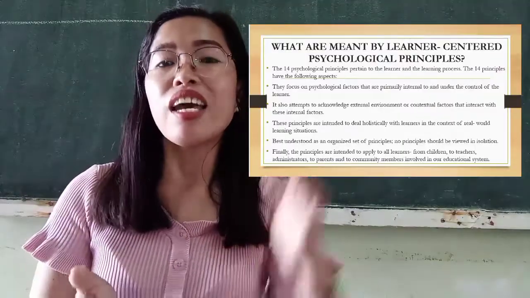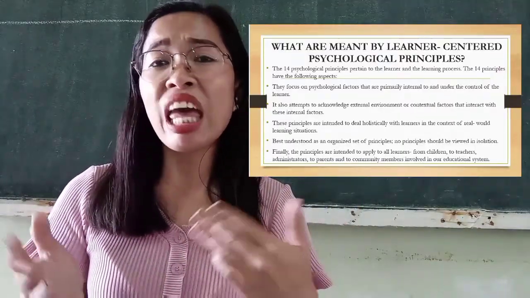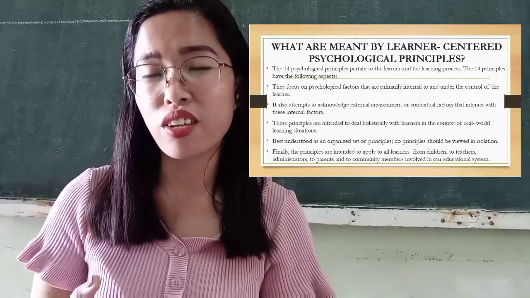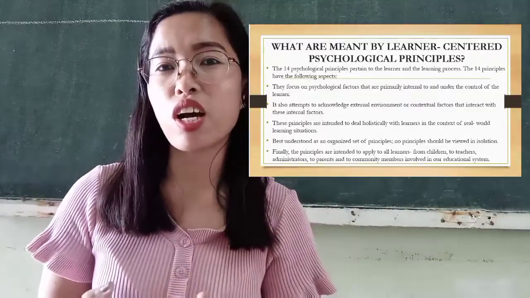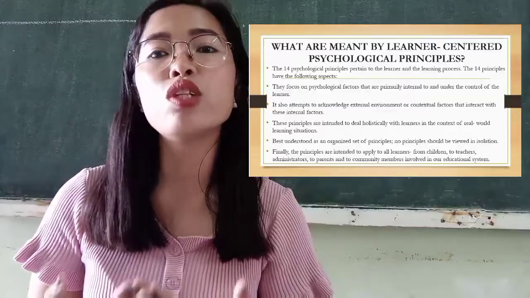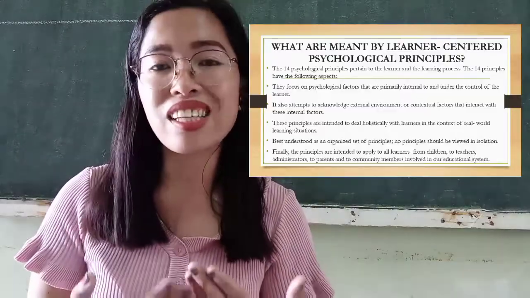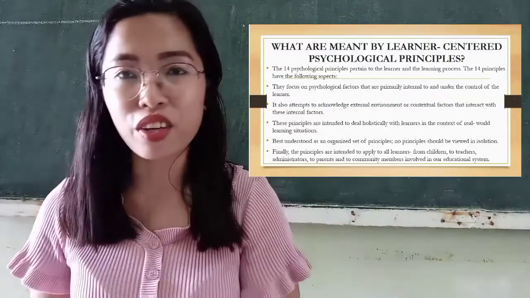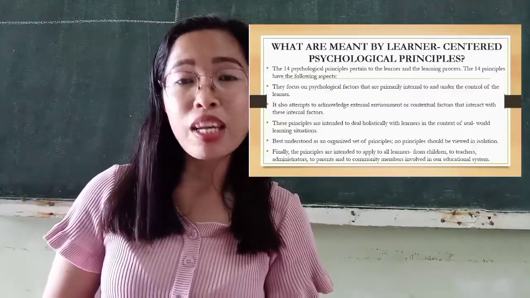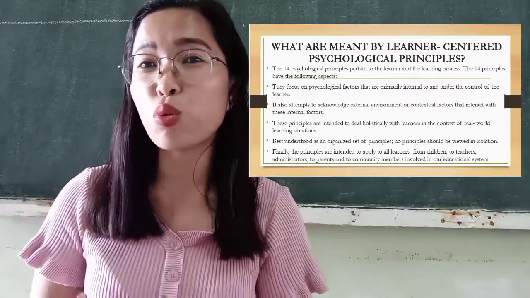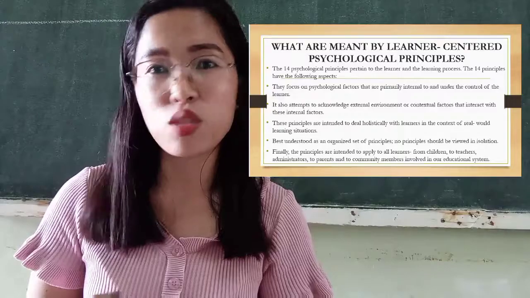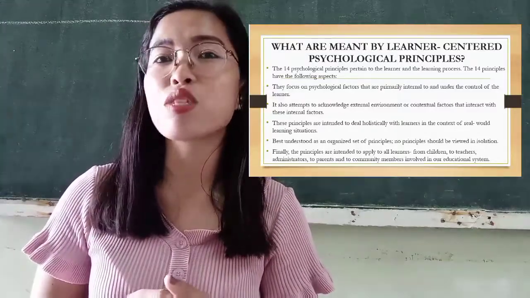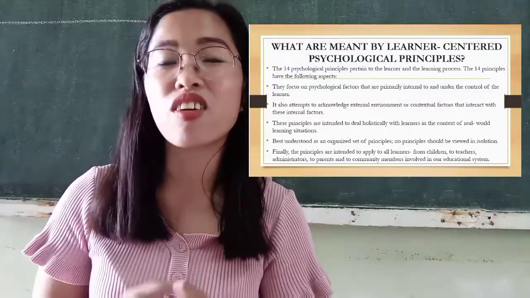Meaning, each principle is interrelated with each other. They are connected with each other, so we do not need to isolate one principle from another principle. Then lastly, it is divided into 4 categories. Later on, we will discuss what the categories are in the 14 psychological principles.